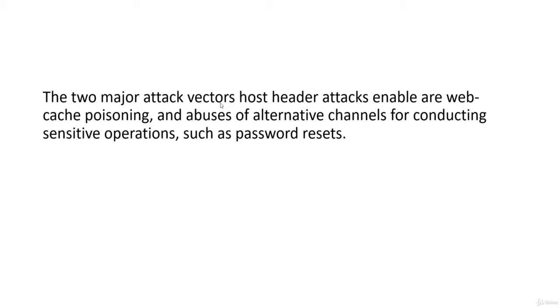So this is the major attack that can be done with the host header. One is web cache poisoning, and another is the password reset, which is basically the abuse of an alternative channel for conducting sensitive operations. It is done with the arbitrary parameter. We'll see all about that in the upcoming lecture.